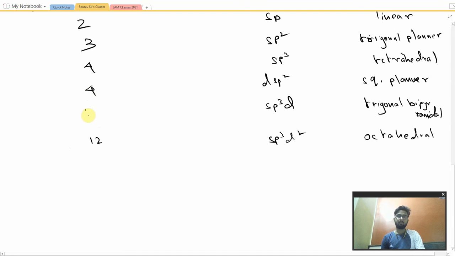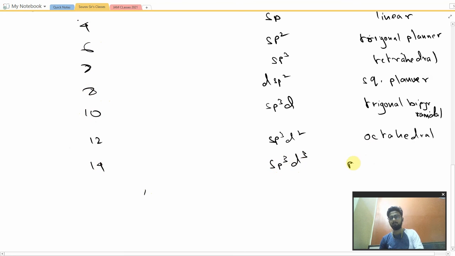So this would be 10, this would be 8, this would be 8, this would be 6, and this would be 4. And the last would be 14, sp3d3, with pentagonal bipyramidal geometry.